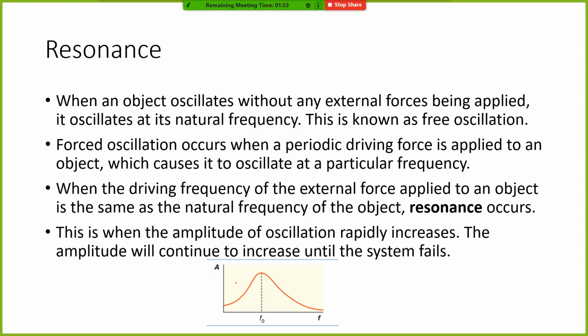So when an object oscillates without any external forces being applied, it oscillates at its natural frequency. This is what we call free oscillation. But there's a thing we call forced oscillation, and this is the same thing as resonance. Forced oscillation occurs when a periodic driving force is applied to an object, which causes it to oscillate at a particular frequency.